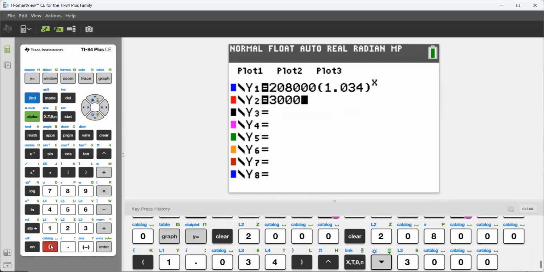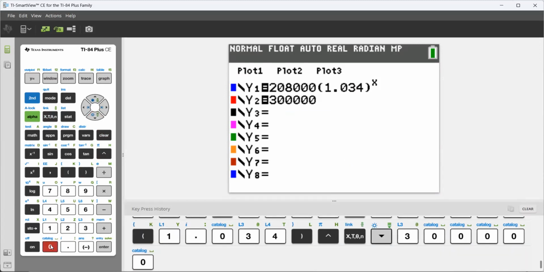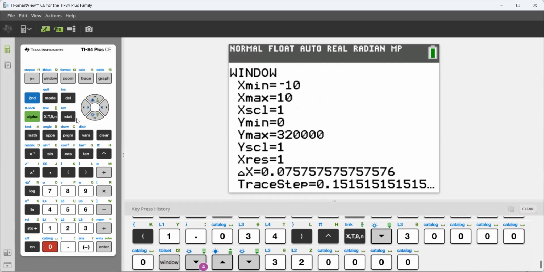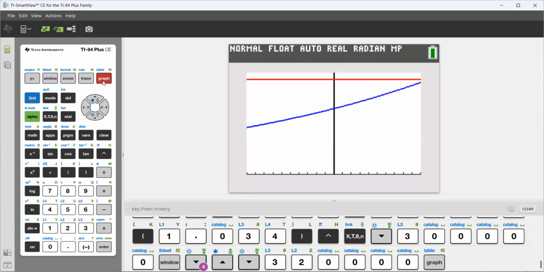So these are very big numbers, 300,000, very big numbers, right? So setting up my window, my y should be very big. For my x, I'm just going to leave it as it is. For my y, I'm just going to do 320,000, and then go to graph.